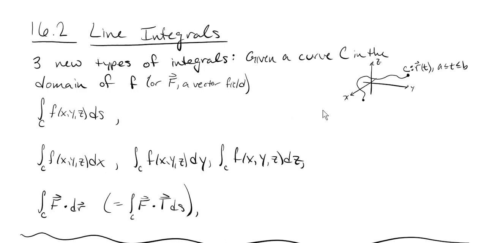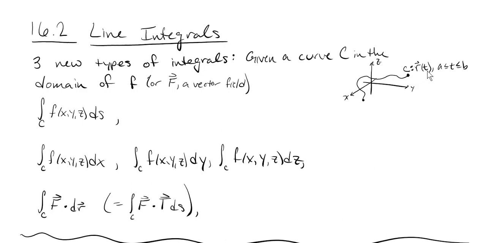So there's three different types of line integrals we're going to look at, all with this basic setup that we've got some curve here in the domain of our scalar function or vector field. And we want to think about that curve C being represented by some vector function, r of t.